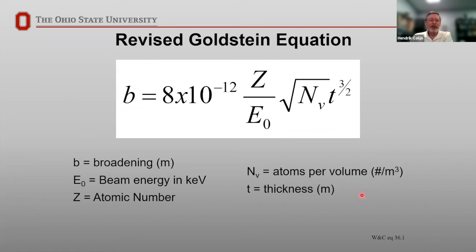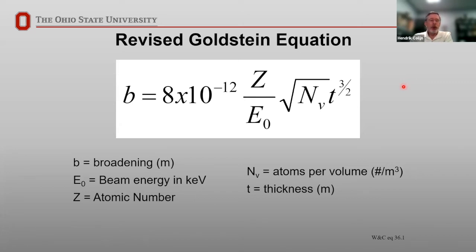This does a pretty good job in estimating your beam broadening. This is the broadening due to the scattering, not due to the convergence angle or anything like that. So we can get good resolution.